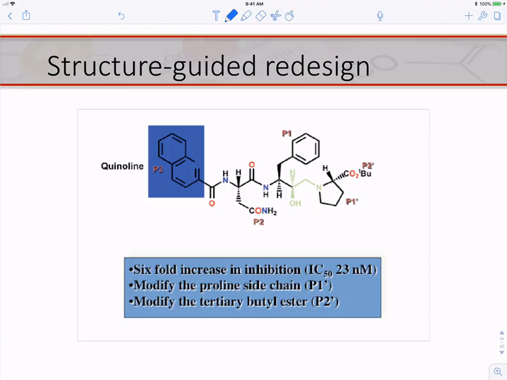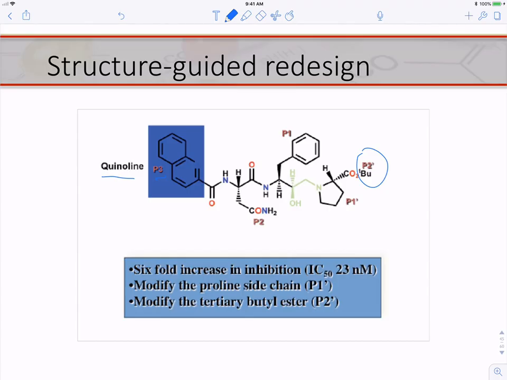From there, we then have other changes that were made to get to the final drug, and one was using this quinoline as protecting group instead of the Z group that we found before. And the quinoline is aromatic and docks well in the pocket of the P3 of the enzyme.